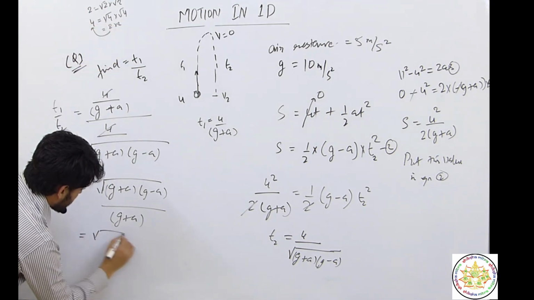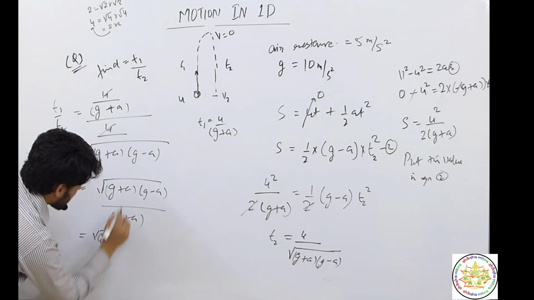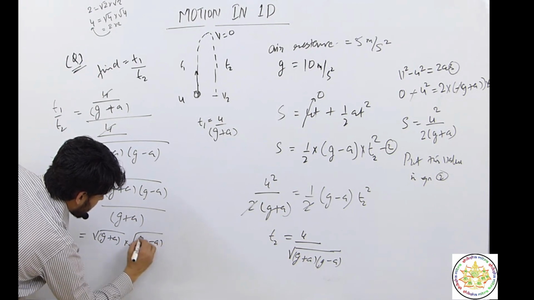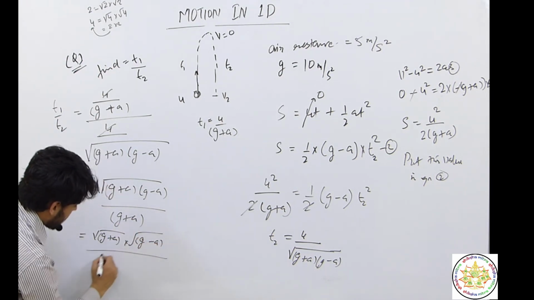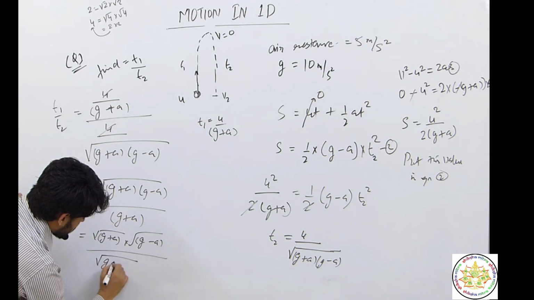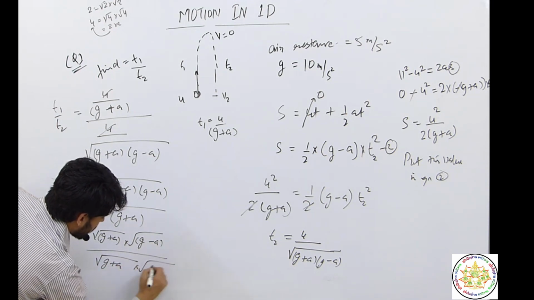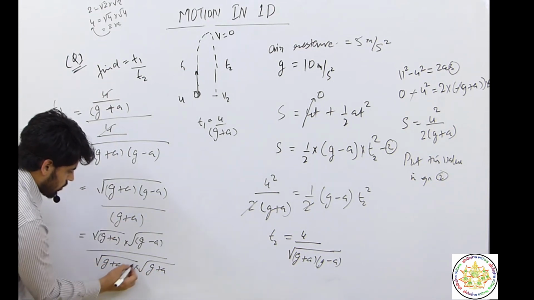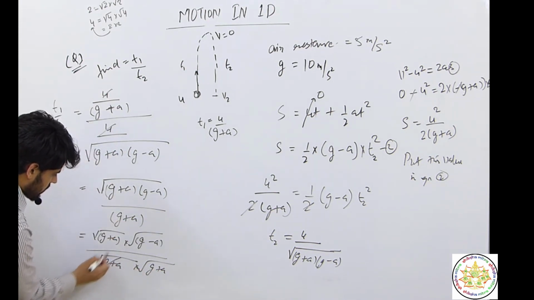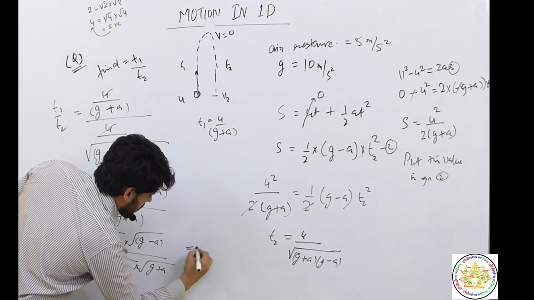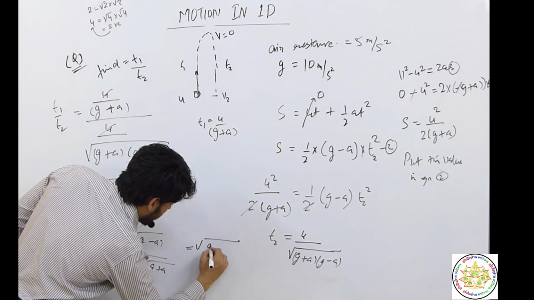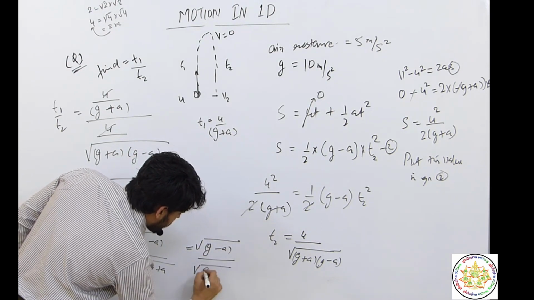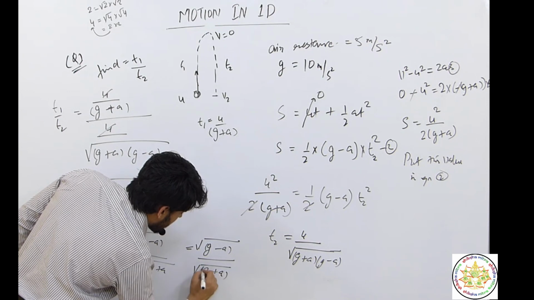So it's under root g plus a, we separate both these, under root g minus a divided by g plus a will be separated by root g plus a into under root g plus a. One factor under root g plus a got cancelled. So answer comes out to be under root g minus a divided by under root g plus a.